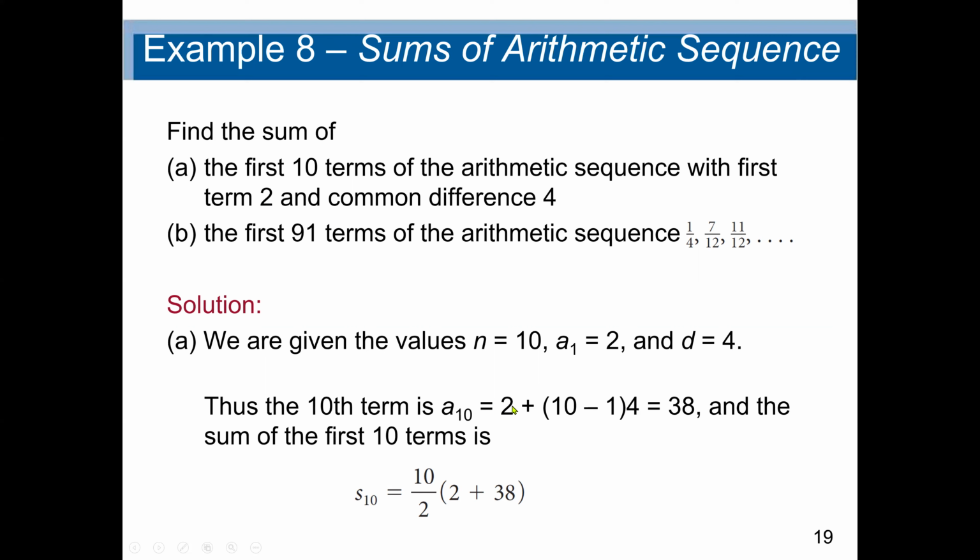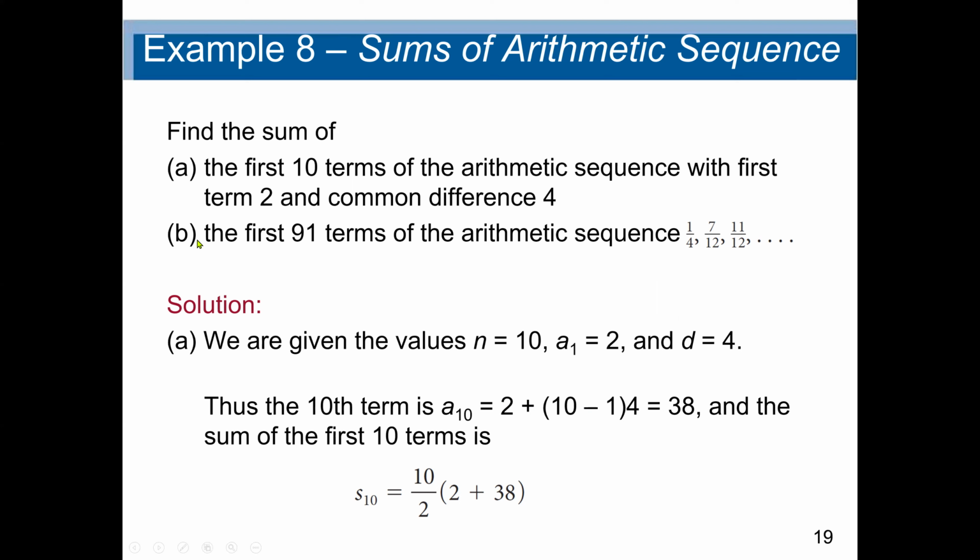So A10 will be 2 plus 10 minus 1 times 4. Why 4? Because the formula is times d. Why 10? Because n is equal to 10. And the first item, A1, plus n minus 1 times d. So A1 is 2, n is 10, minus 1, then d is 4. And the answer will give us 38.